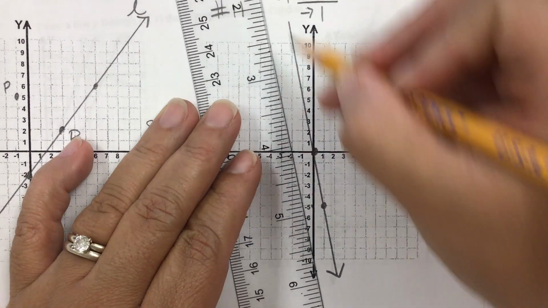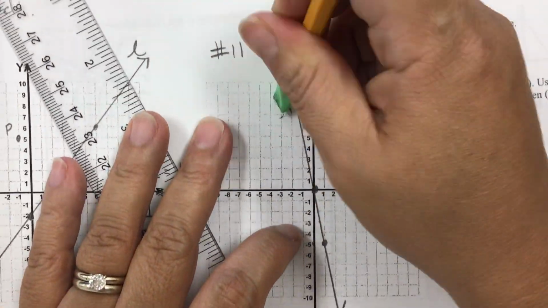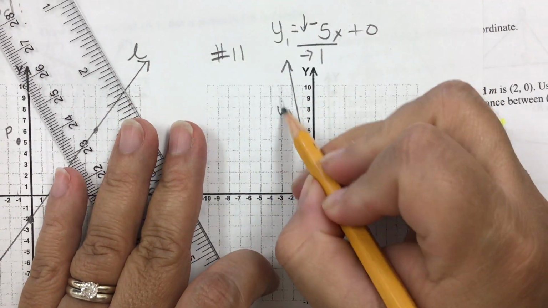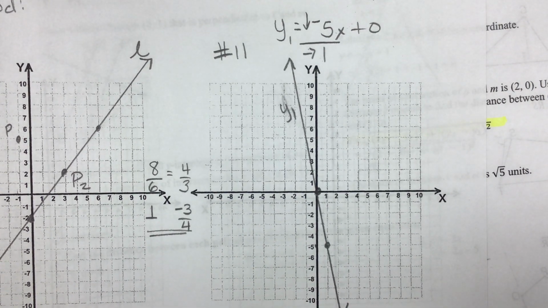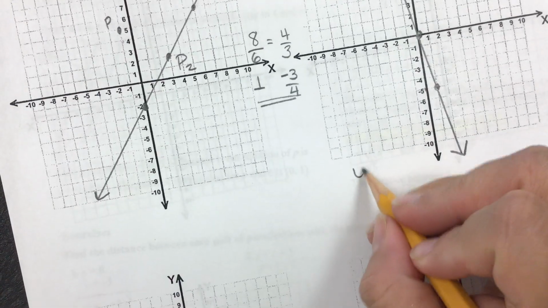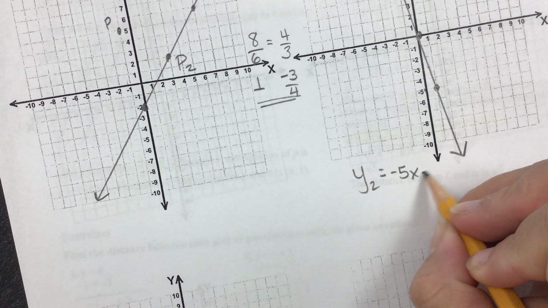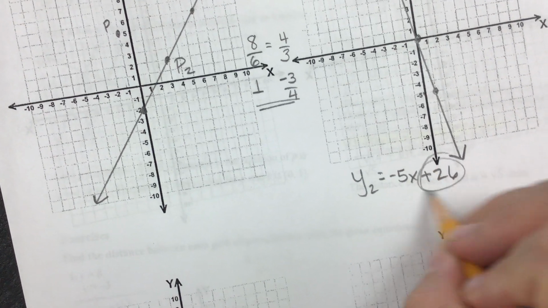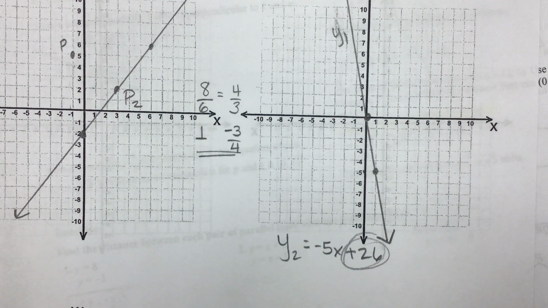And in this section, I'm going to call them Y1, because they give you equations of lines. Now for L2, the problem with Y2: it says -5x plus 26, and we don't have enough space to graph. So what you can do is find another value.